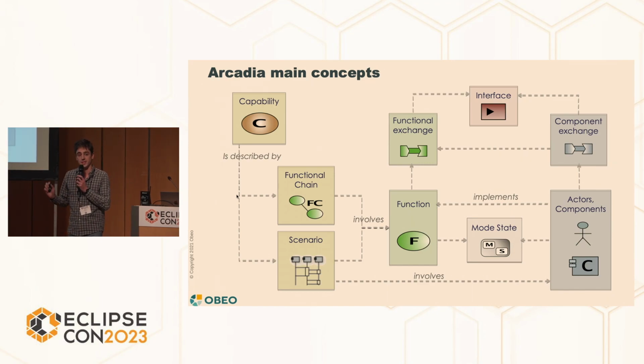Functions are really the central concept in Arcadia: fine-grained descriptions of what the system will do. Functions are bound together by functional exchanges, and they're implemented by actors and components, so they're allocated to those actors. And there are also concepts to model component exchanges, so exchanges between components, interfaces, modes, and states.